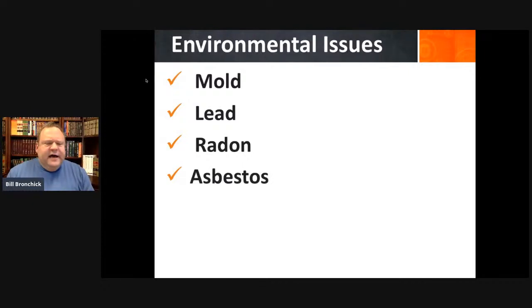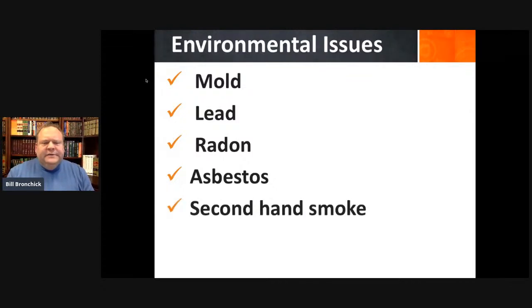A lot of old houses have asbestos, typically things like asbestos tile or asbestos in the attic. As long as you don't disturb it, you're generally okay. But if you do disturb it, you must do it by the book, which usually requires a certified, compliant asbestos removal company that does it with a permit. If you don't, you can get yourself in a lot of trouble and potential liability.